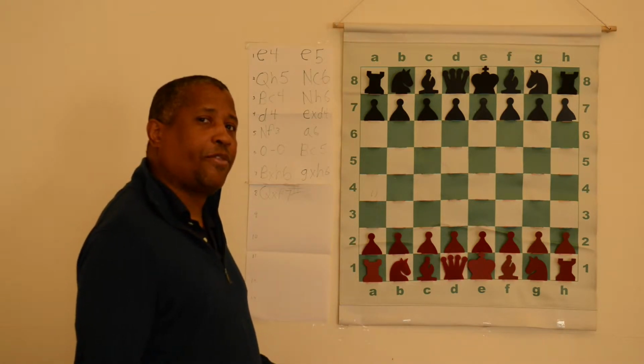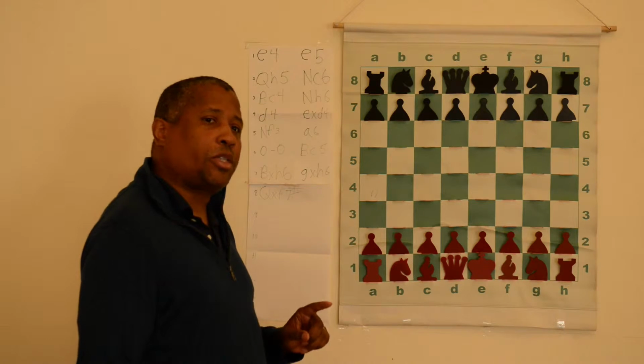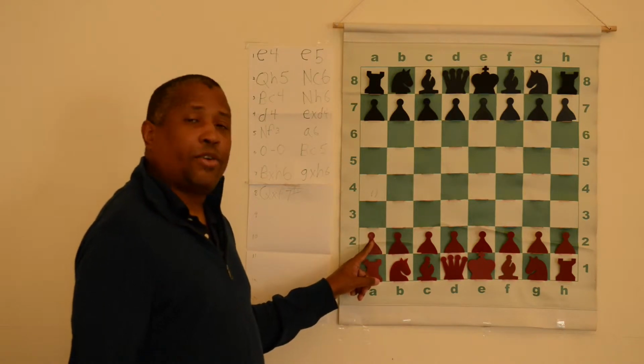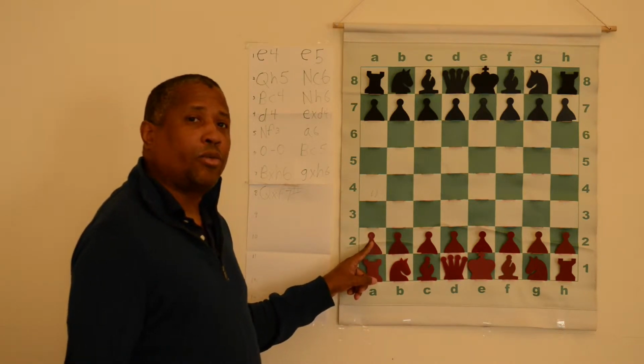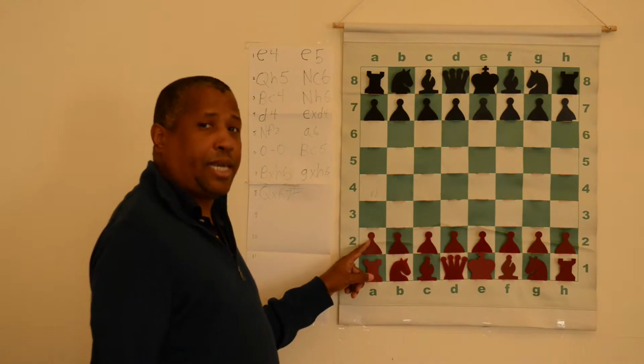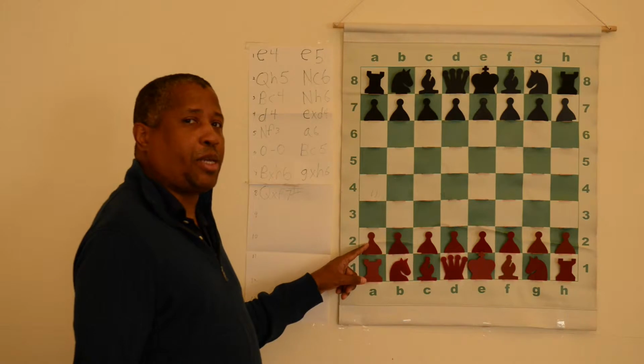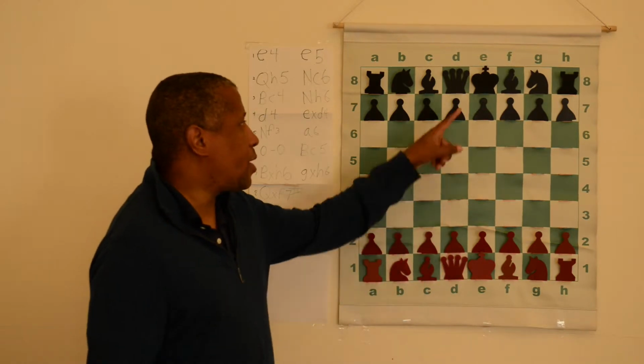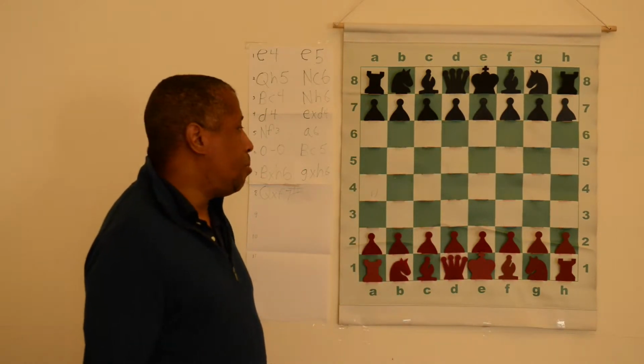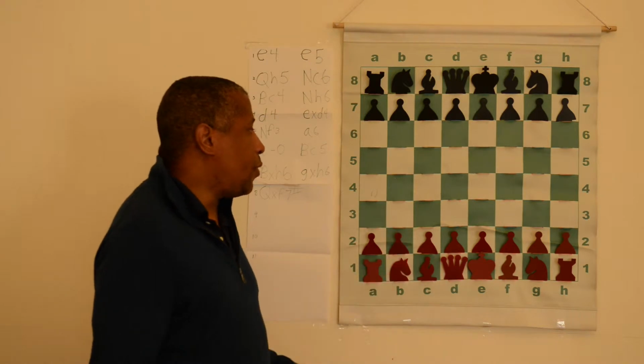And what else is different is we have a notation for the pawn, which is the letter P. In algebraic notation, we don't use the letter P. We just go E4, E5, like that.